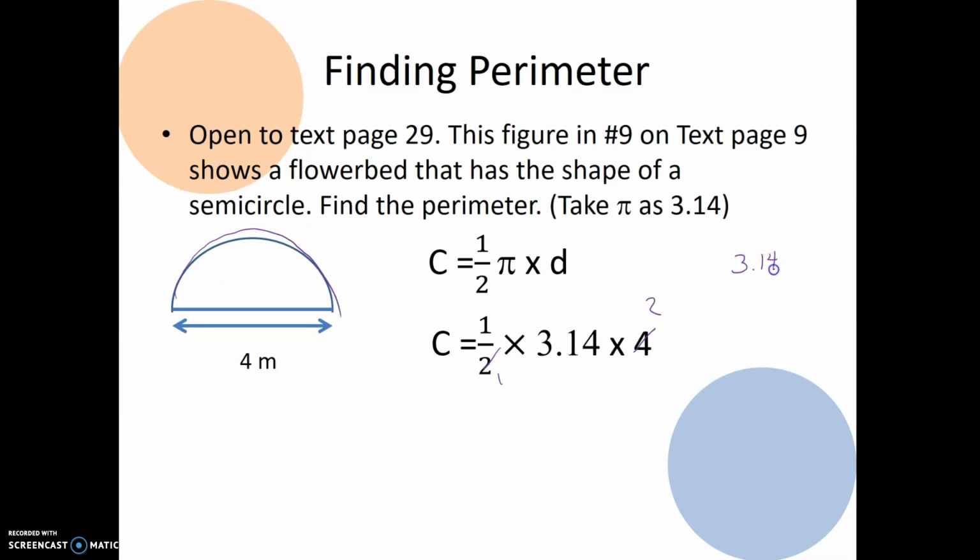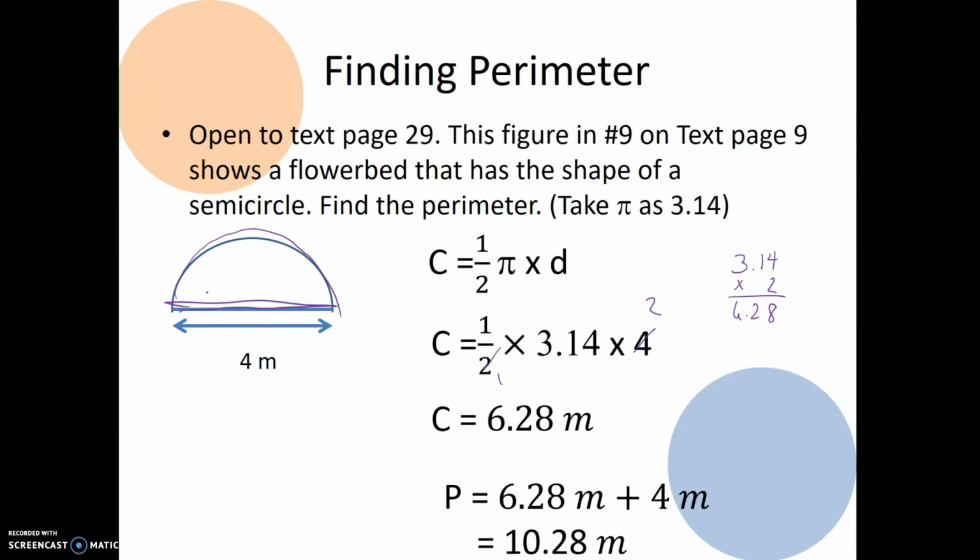And let's do that math up here. 2 times 4 is 8, 2 times 1 is 2, 2 times 3 is 6, and I have circumference equals 6.28 meters. Now I need to add back in that 4 right here. So perimeter equals 6.28 meters plus 4 meters, which is 10.28 meters.